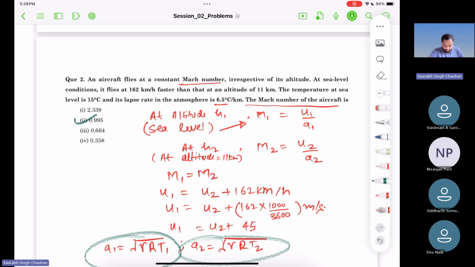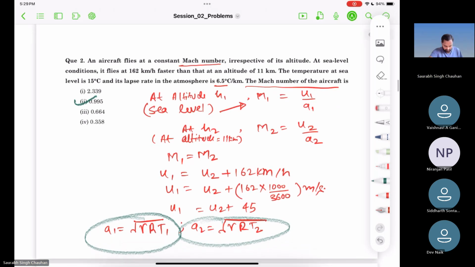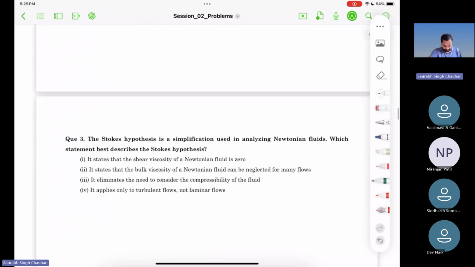Okay. So if there is no doubt, then we can move to question number 3.